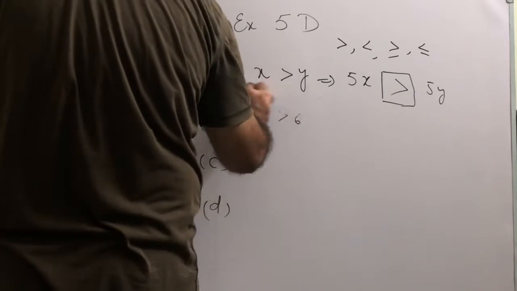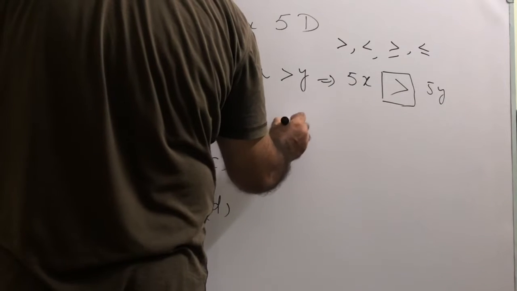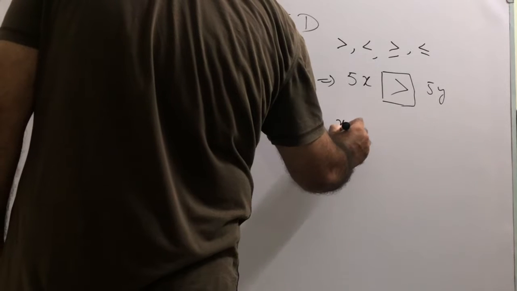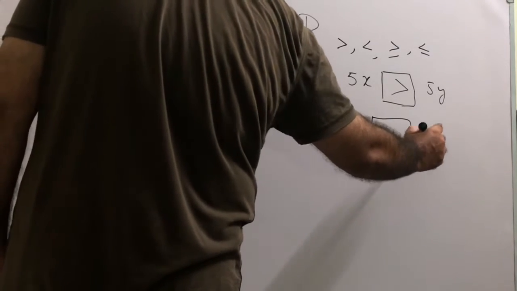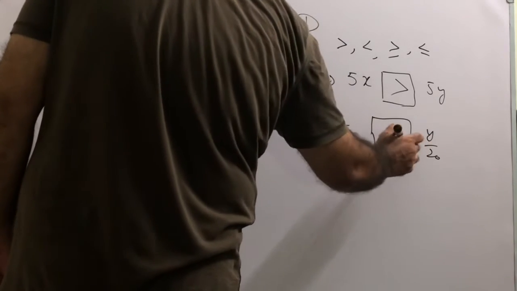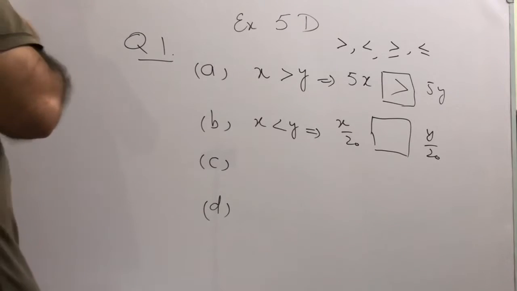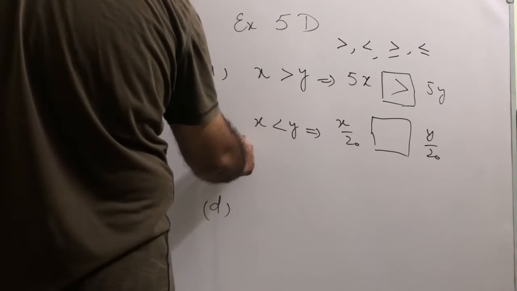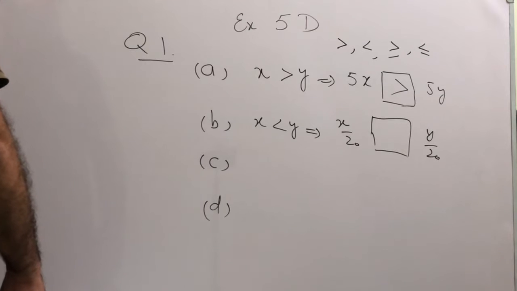Now part B says if x is less than y, then x over 20 will be what? Greater than or less than y over 20. So similarly, if x is less than y and we divide both sides by the same number, the same symbol will prevail. We need to put the same symbol.